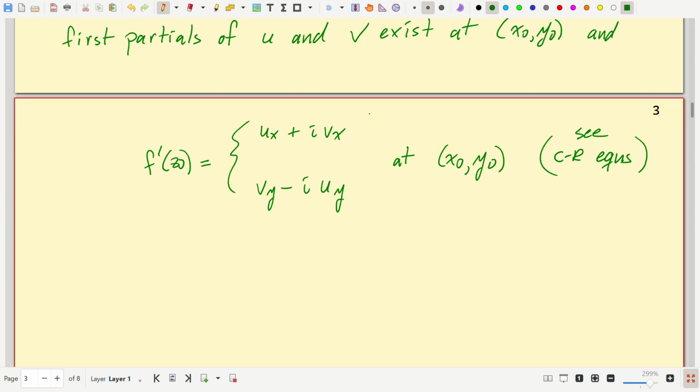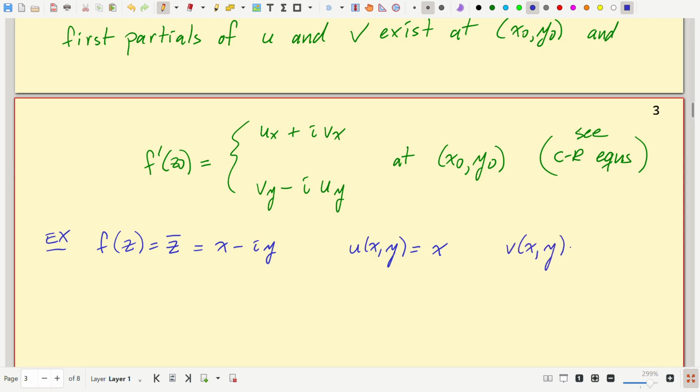So let's see. Last time I had to do some work to see that the complex conjugate is not complex differentiable. Let f of z equal z bar. That would be x minus iy. So in this case, the u of xy is just x, and the v of xy is minus y.